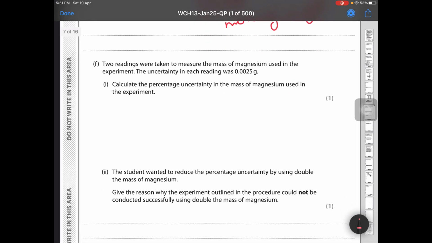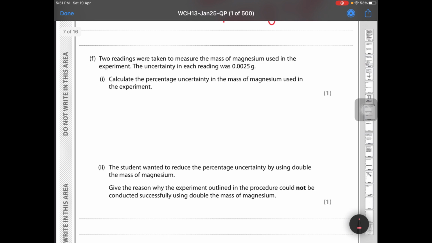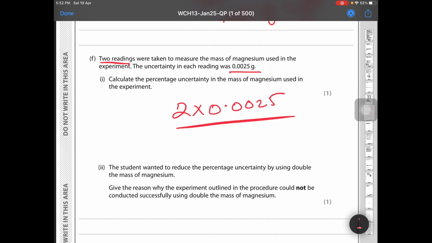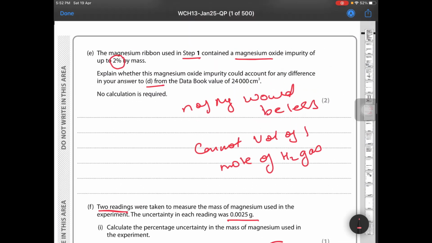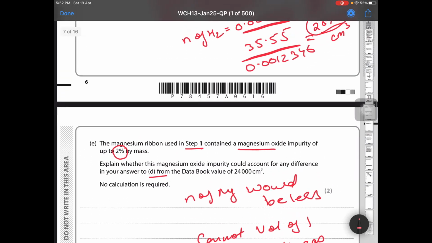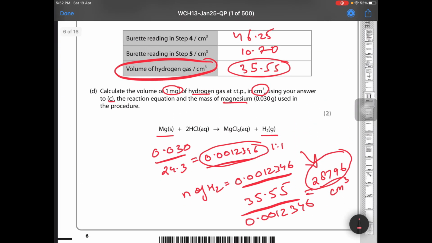Next, 2 readings were taken to measure the mass of magnesium used in the experiment. The uncertainty in each reading was this much. So you have to find the percentage uncertainty in mass. 2 readings, 2 times 0.0025 upon how much was the mass? 0.030.